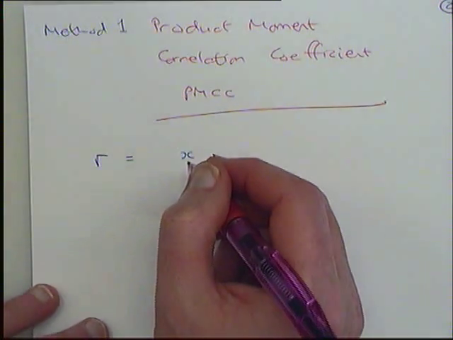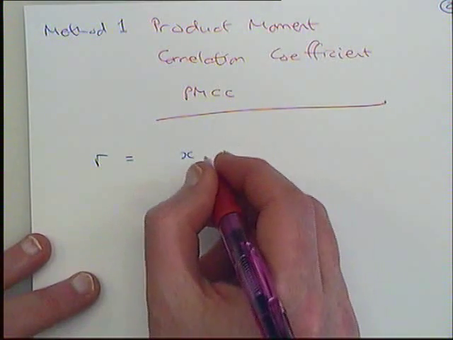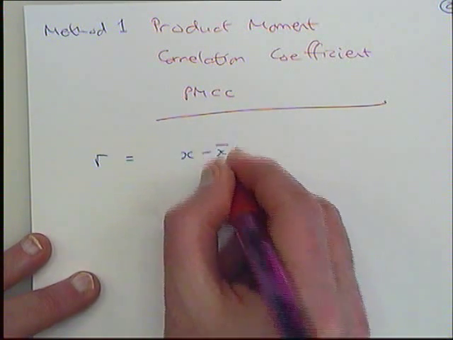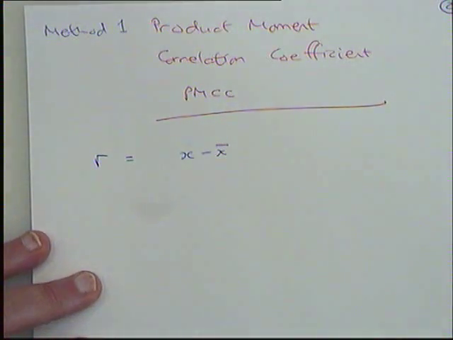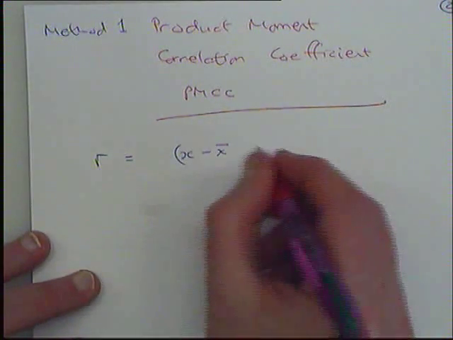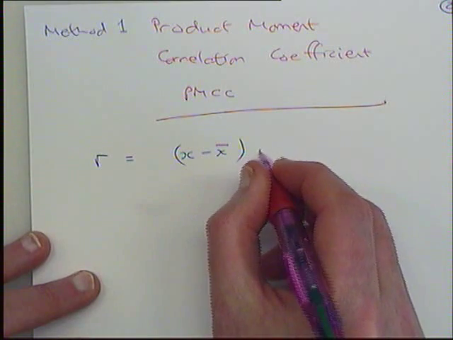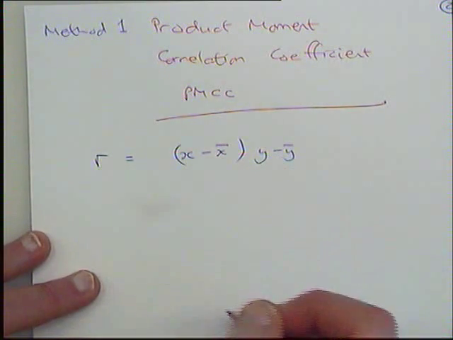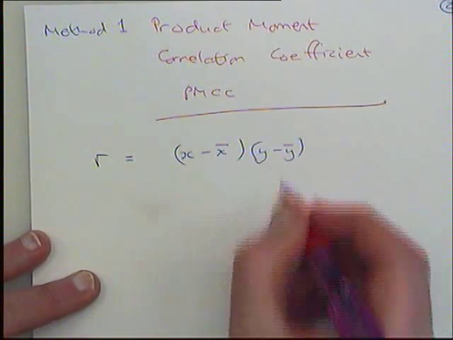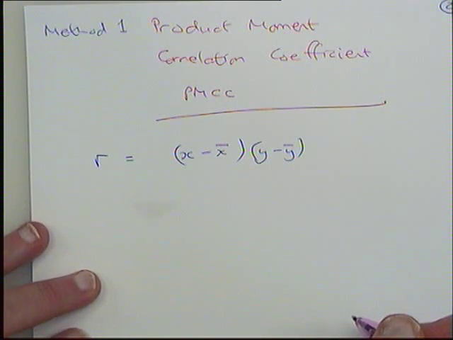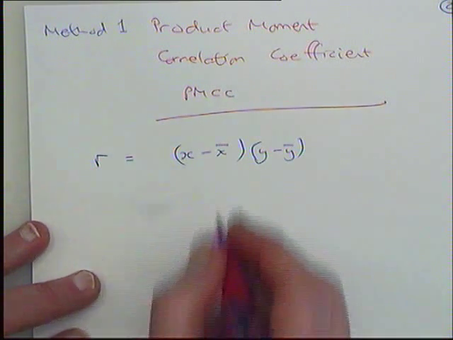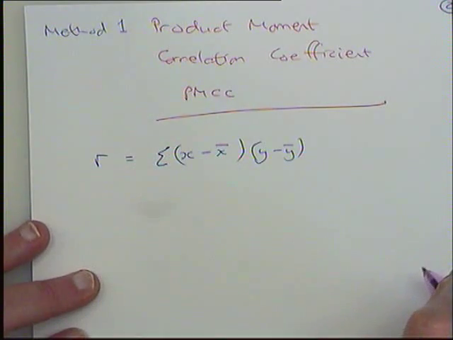It's actually in the formula books. For every x value, you take away the mean of it. For every y value, you take away its mean. You times those together for each data pair, and you add them up.